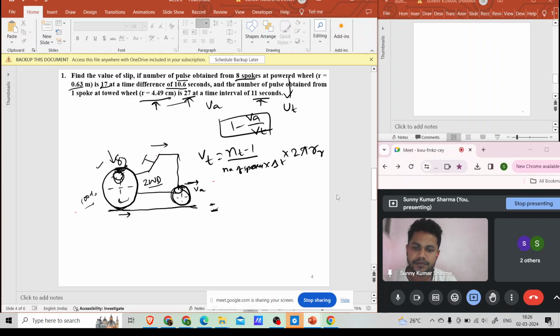Okay, that's fine. So what did you get? Total 17 minus 1, divided by number of spokes 8, into 10.6 seconds, into 2 pi into 0.6.